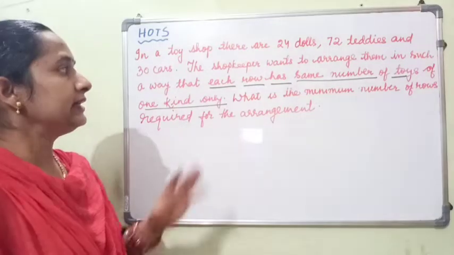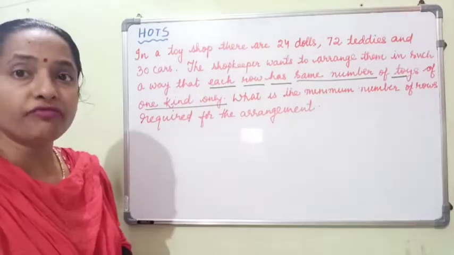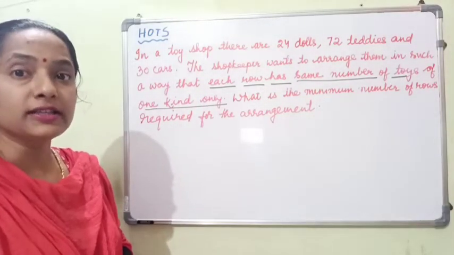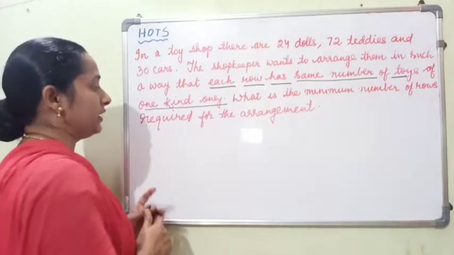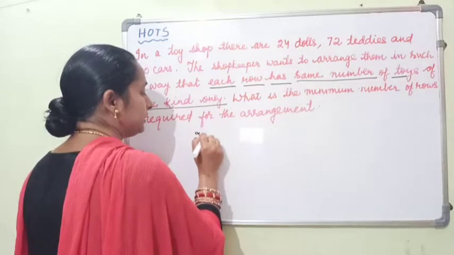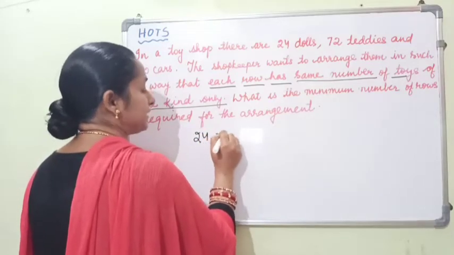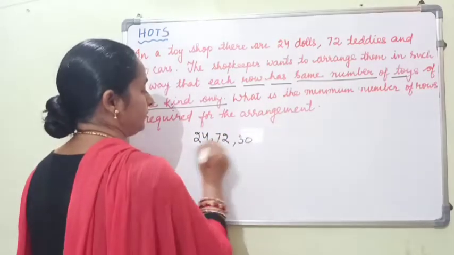So for that, we have to find the highest common factor of the numbers of toys given. If you go for that, then 24, 72 and 30, right?